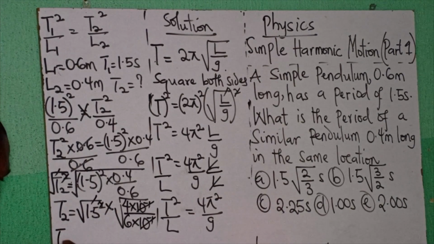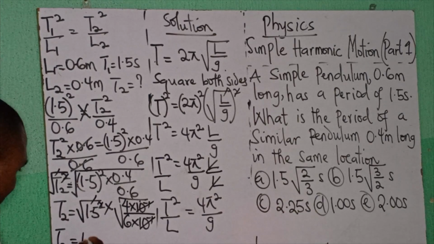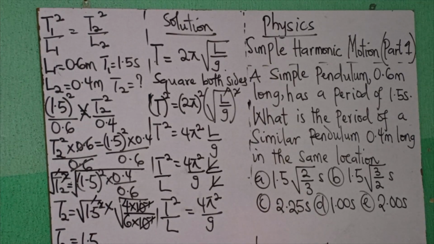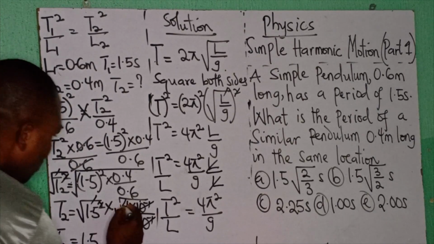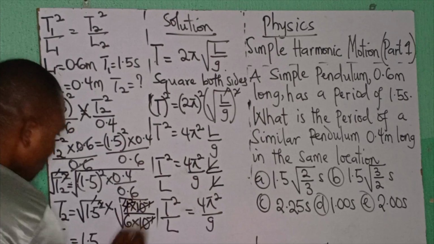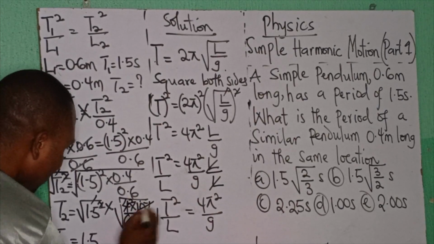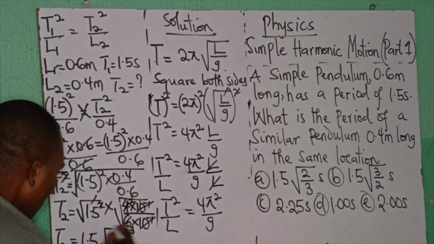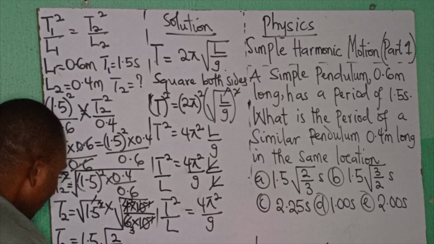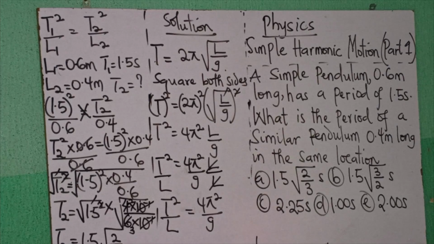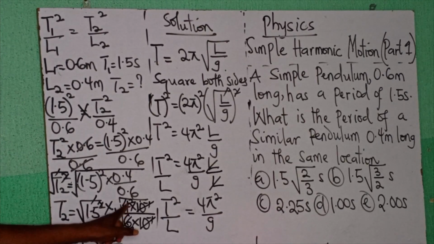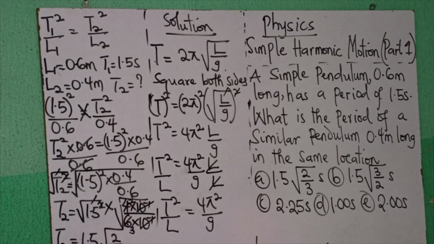So I'm having T2 now equals 1.5 times root of 4 over 6. 2 in 4 is 2, 2 in 6 is 3. So root 2 over 3. So that is our answer.